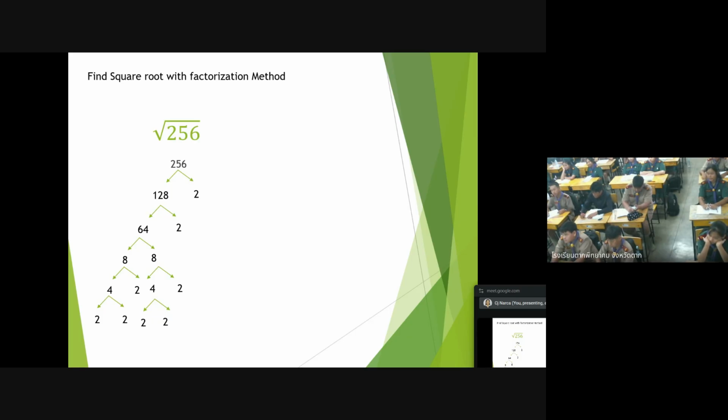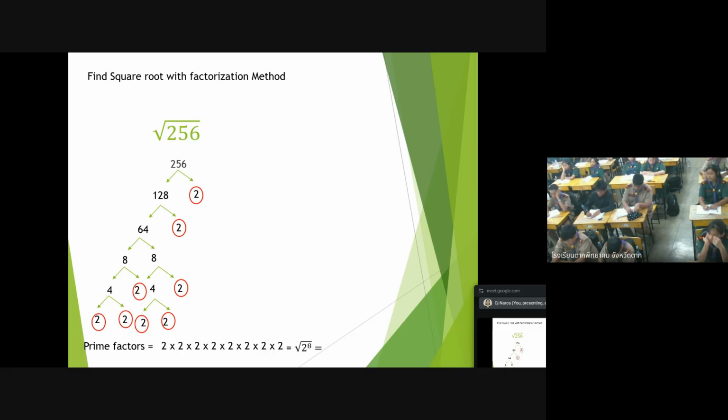As you can see, we need to count all of the prime numbers. How many prime numbers do we have? 1, 2, 3, 4, 5, 6, 7, 8. So, we have 8 prime factors, so 2 to the power of 8. Just remember, if we're getting the square root, we have the rule for multiplication, right? So this one, 2 and 8, this is square root, so you have 1/2.